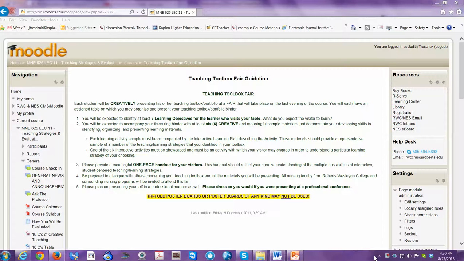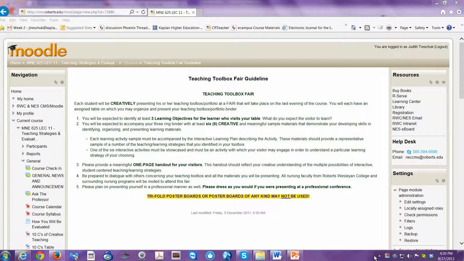So if the interactive learning plan says that you're going to do role playing, perhaps you'd have the directions for the role playing next to it. You might even have a picture of students doing role playing.